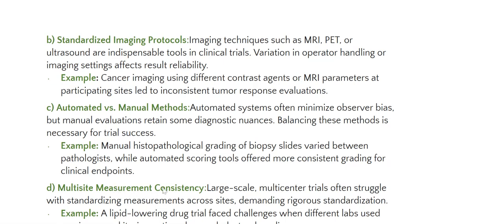Multi-site measurement consistency. Larger scale, multicenter trials often struggle with standardizing measurements across sites, demanding rigorous standardization. For example, a lipid-lowering drug trial faced challenges when different labs used varying assay kits, impacting plasma cholesterol readings.